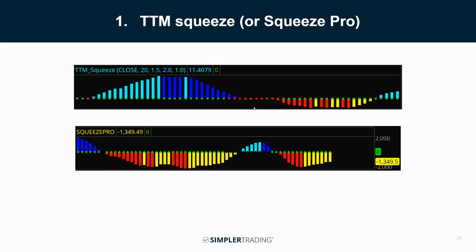If you're using the Squeeze Pro, these signals work great on every level of compression: your low compression squeeze, your mid compression, your high compression. For what it's worth, for any of you who don't use the Squeeze Pro, my favorite squeeze is the original, the red dot squeeze, the mid compression.